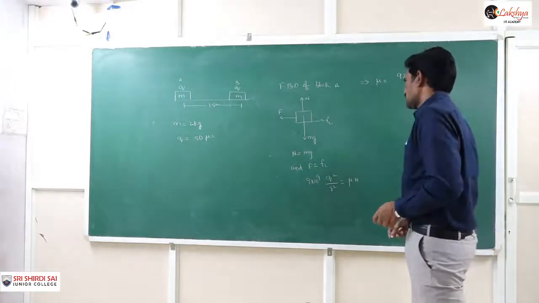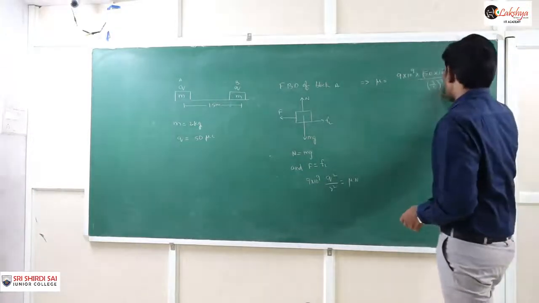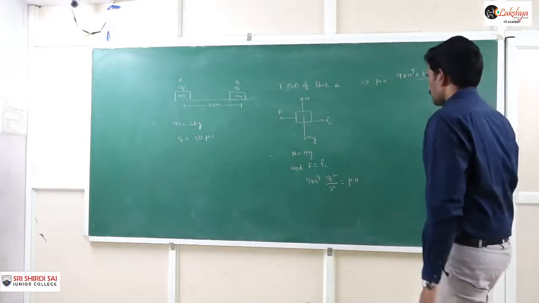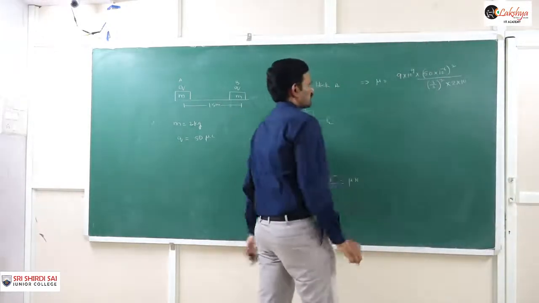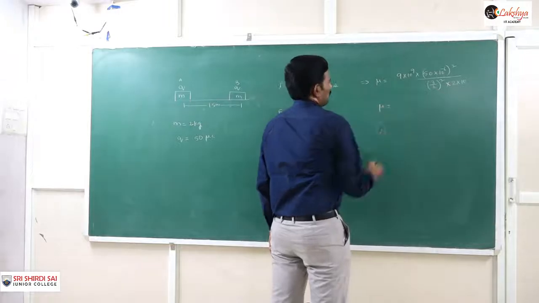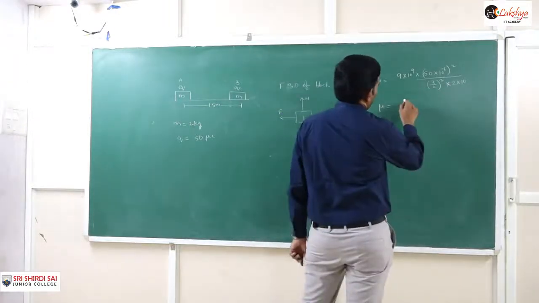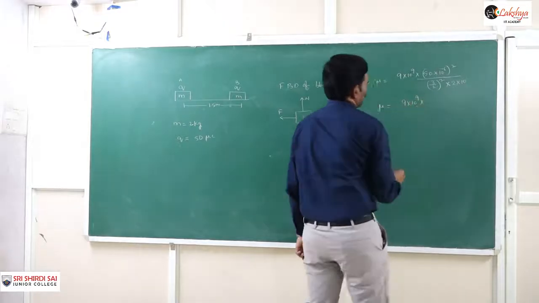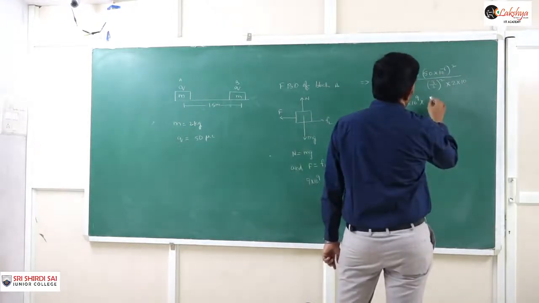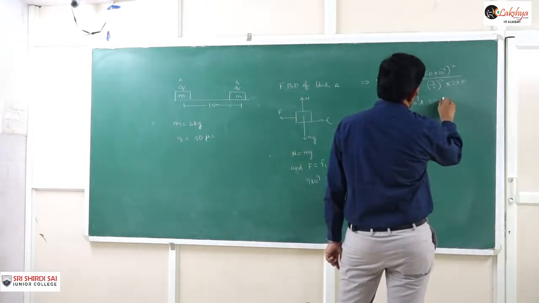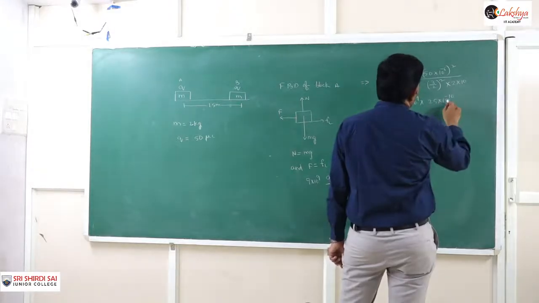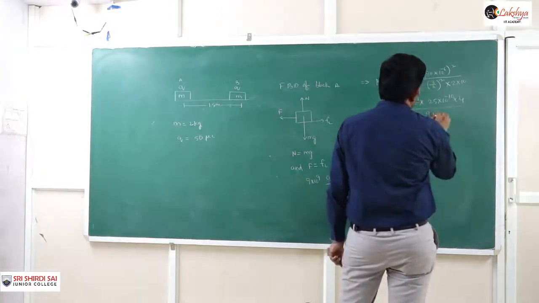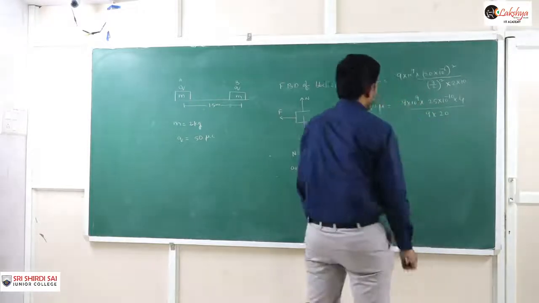The mu value is nothing but, you can substitute these numericals here. I am writing the mg value, which is 2 into 10, taking g as 10. So you can simplify this. It is 9 into 10 power 9, times 5 into 10 power minus 5 squared, so 25 into 10 power minus 10, and the 4 comes to the numerator, over 9 into 20.